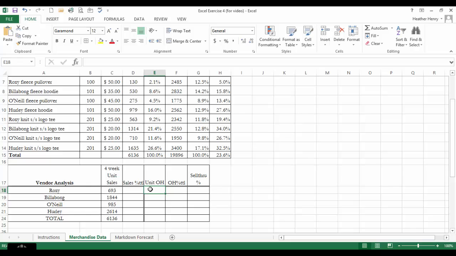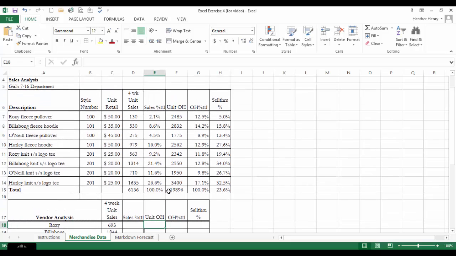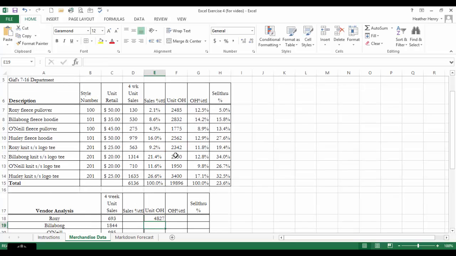We now need to do the same thing for the on-hand for our vendor. So a simpler way that I can do this is I can do our equal sign, and take my Roxy on-hand for the fleece pullover plus the on-hand for the Roxy short sleeve logo tee.